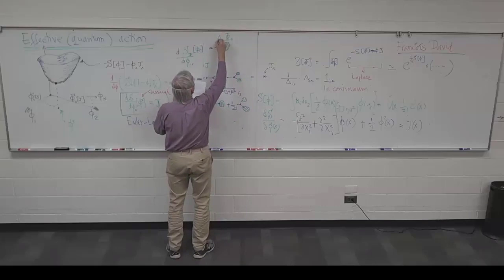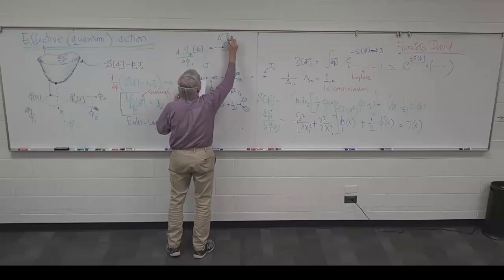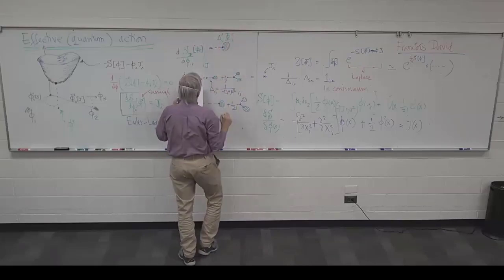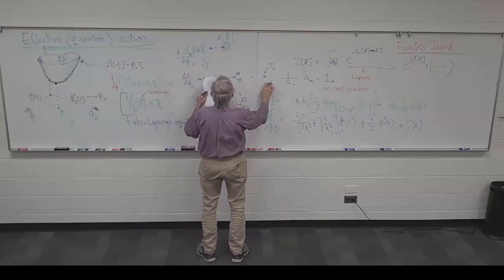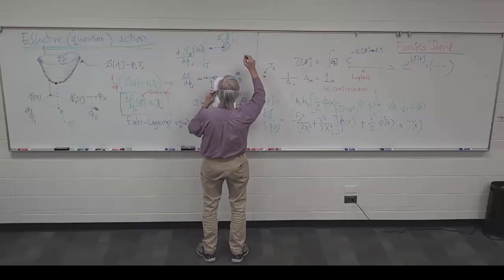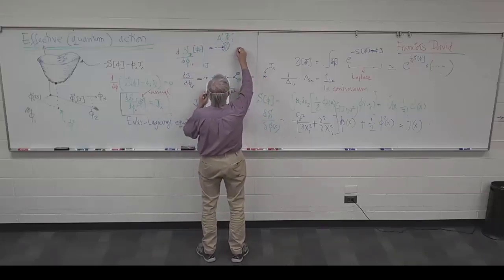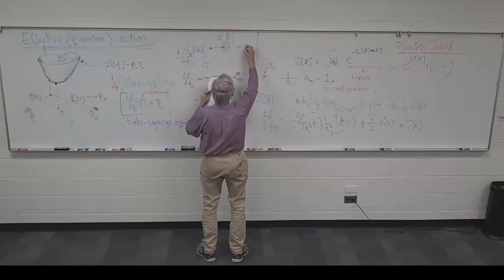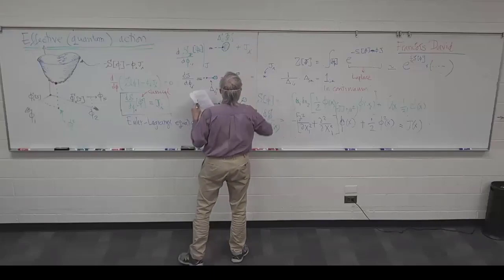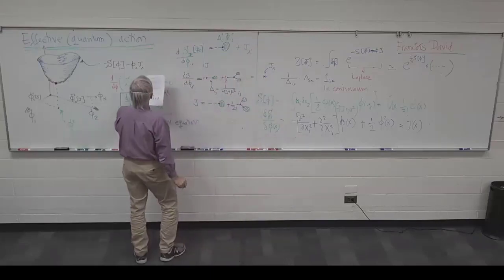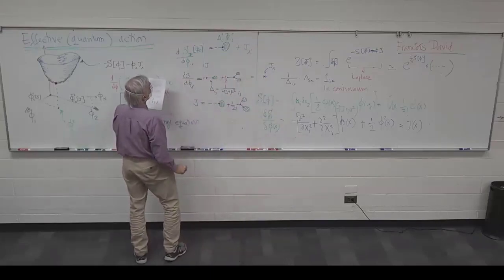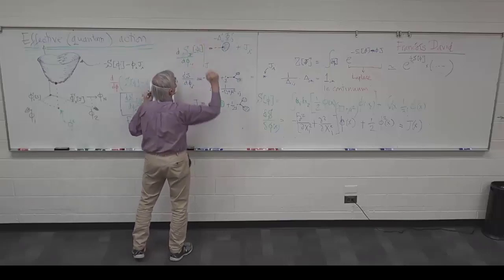Multiply by the inverse propagator. This is my source term. And this has a minus sign.